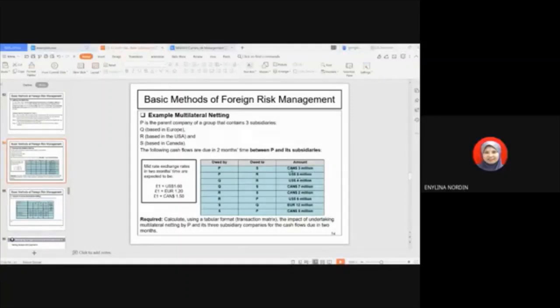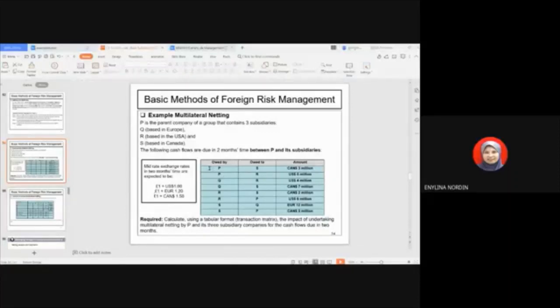This $3 million Canada must be converted into pound. So who pays who? That means who made the payment. So the parent will pay to S, which is Canada. So the parent company will make the payment to the Canadian subsidiary.